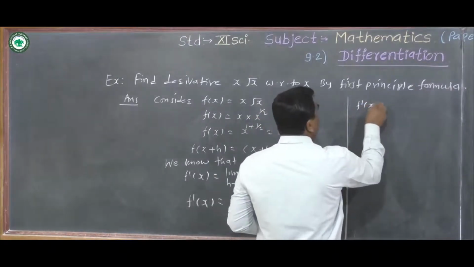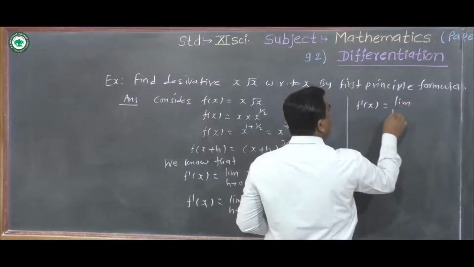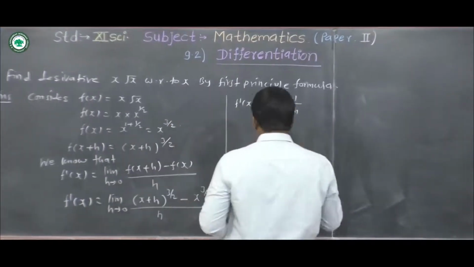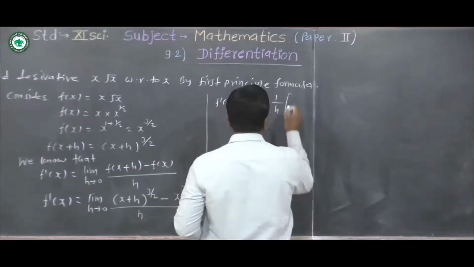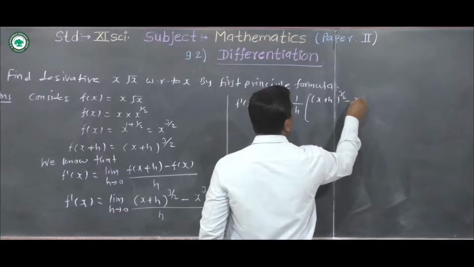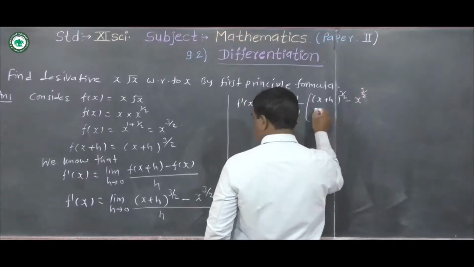That is, we can write here f dash of x is equal to limit h tends to 0. We can take 1 upon h outside the bracket, into the bracket (x plus h) raised to 3 by 2 minus x raised to 3 by 2.